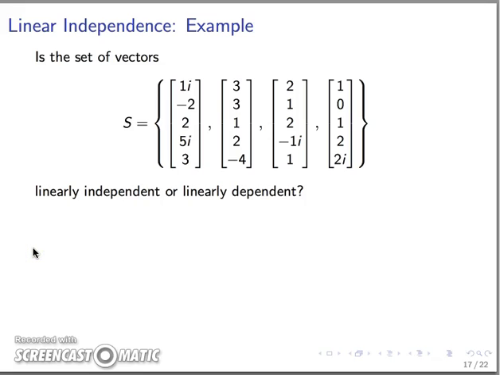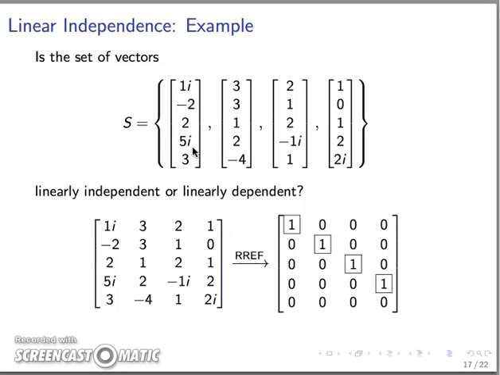In this next example, we have now 4 vectors, and this set of vectors is a subset of C5, right? Each of those vectors has 5 entries, and in general we're considering that those entries are complex numbers. So what we do is we form the augmented matrix and row reduce, okay?